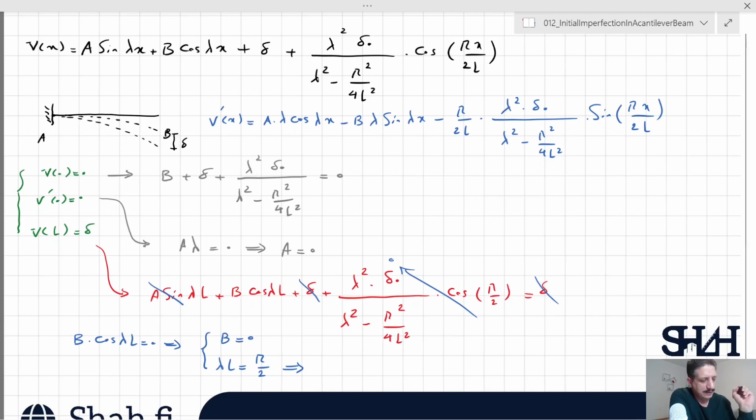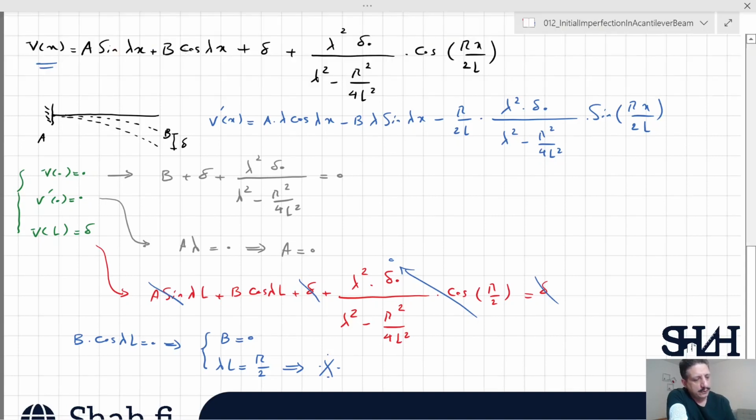As a result, in this special case, lambda L cannot be pi over 2. Otherwise, if we come back to V of x and substitute lambda as pi over 2L, then lambda square will be pi square divided by 4L square, and the denominator of this fraction will be zero. So this is not happening, and as a result, B will also be 0.